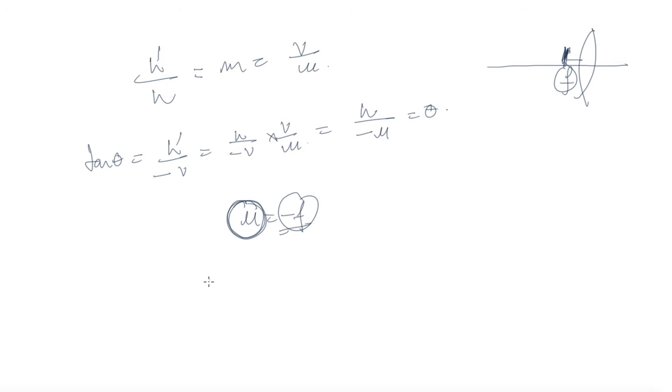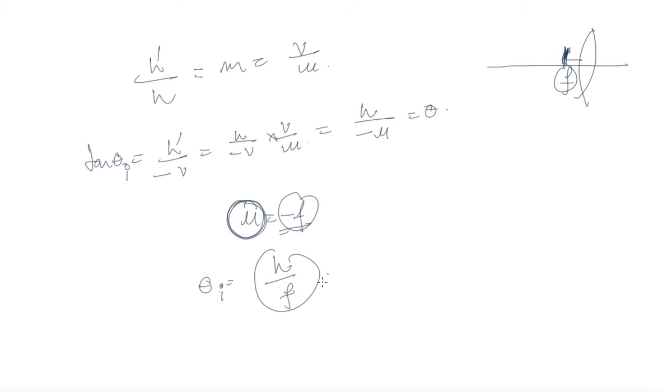So if you put this minus f, theta will be equal to, that is theta I, if you're looking at tan theta, theta I will be equal to h upon f, that is height upon the focal length.